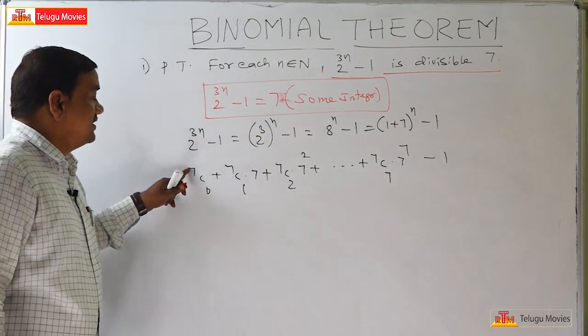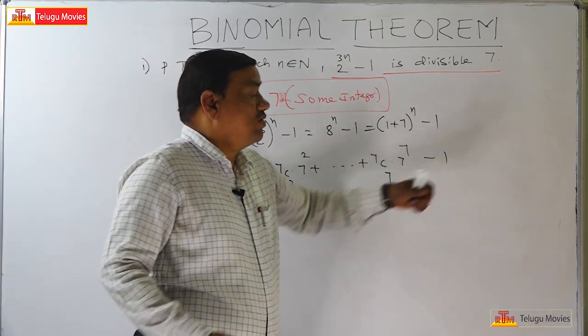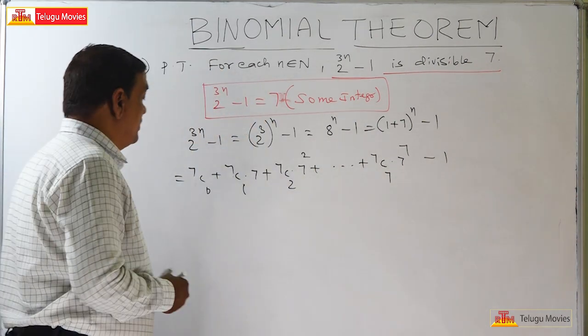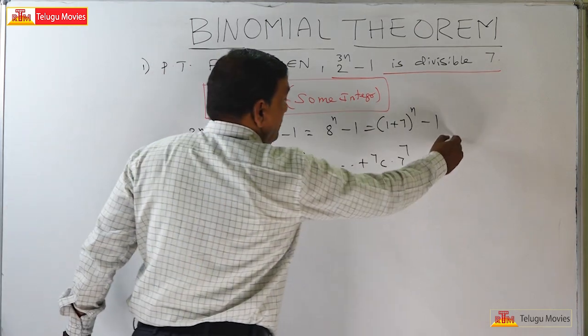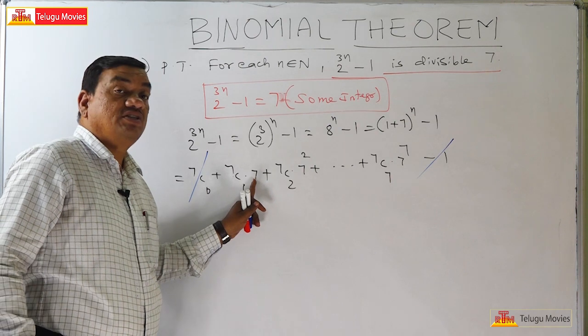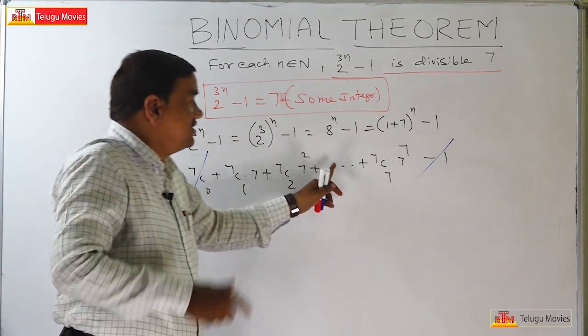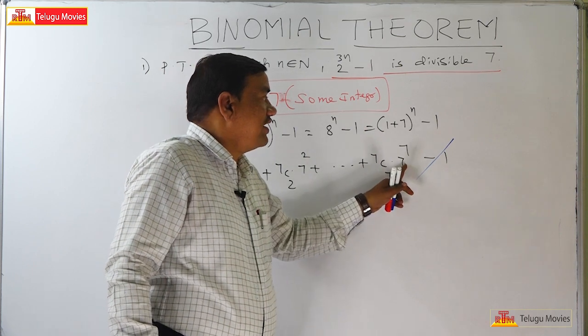Understand, nC0 value is 1, and last also minus 1 is there. That's why this plus 1 minus 1 gets cancelled. See here, from the second term onwards, 7 is there, 7 square is there, 7 cube is there.